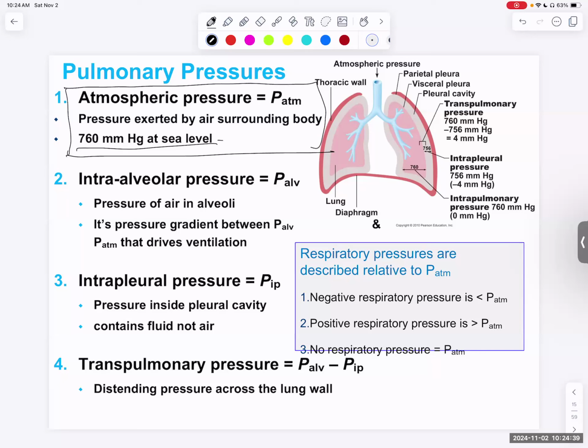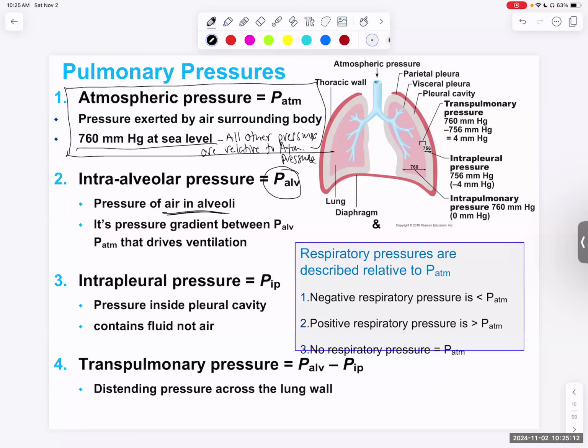So all other pressures are relative to atmospheric pressure. Relative means compared against, or in reference to. Then you have the pressure inside your alveoli.